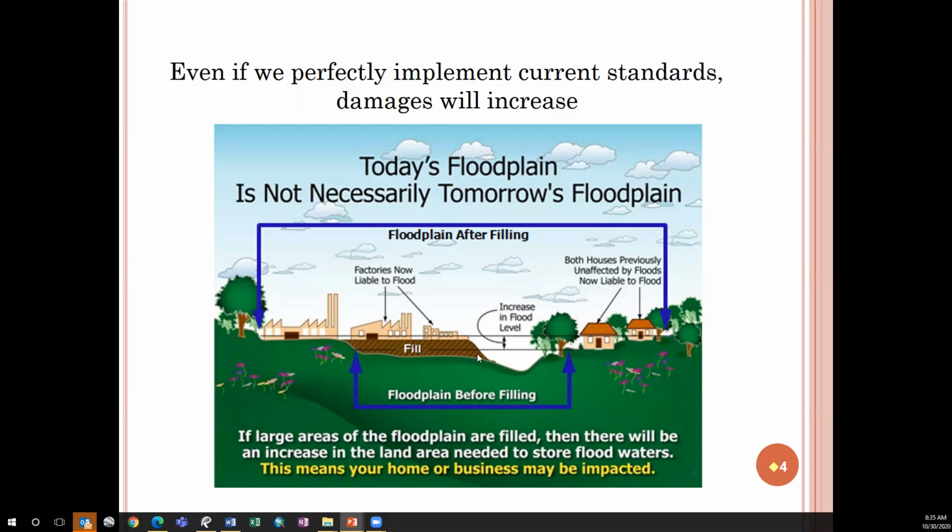That's storage. That's area that the floodplain, or the river, has to fill before that amount of discharge continues downstream. So higher standards prohibiting this kind of activity help people both upstream and downstream and immediately adjacent to the site.